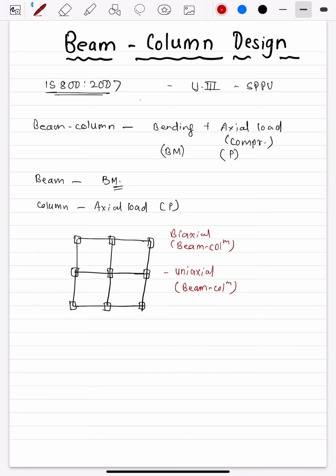So let us start with the steps to design a beam column as per IS800 2007. You have to go for clause number 9.3 in the IS800 2007. So step one will be your given data always.